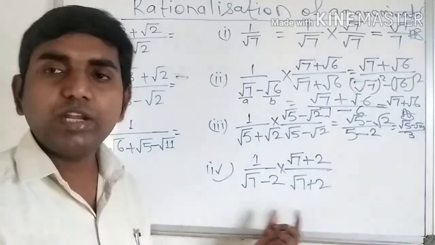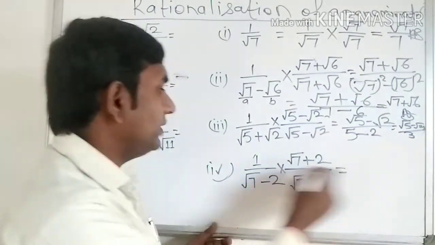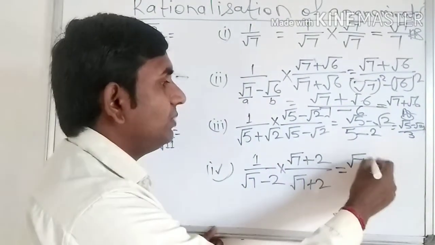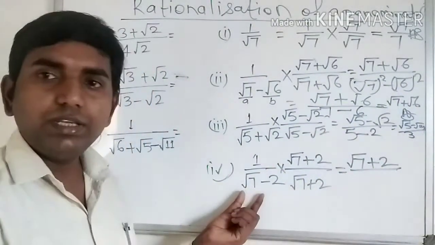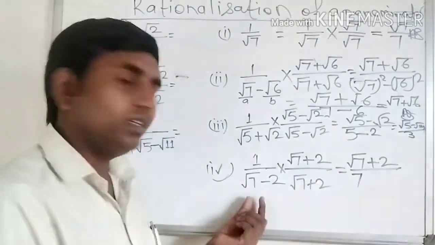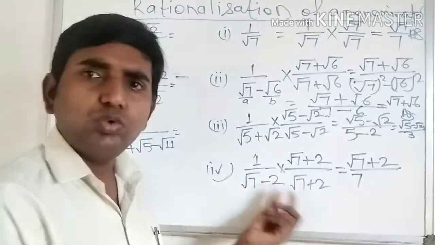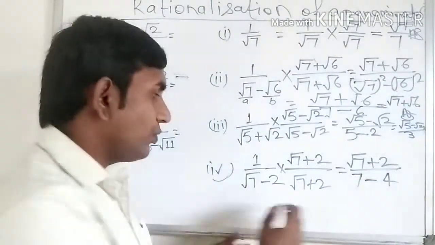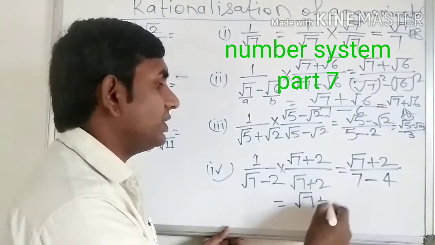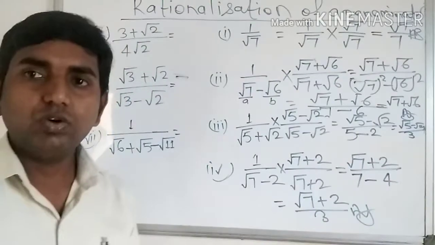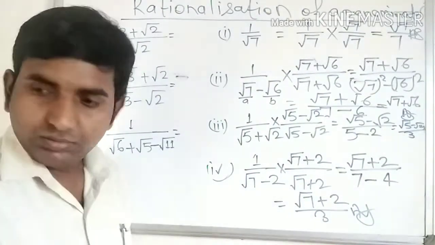We multiply numerator and denominator both. After multiplying we have root 7 plus 2 by, here root 7 square is 7. Here 2 square is 4. So after subtracting we get root 7 plus 2 by 3, and this is our answer.